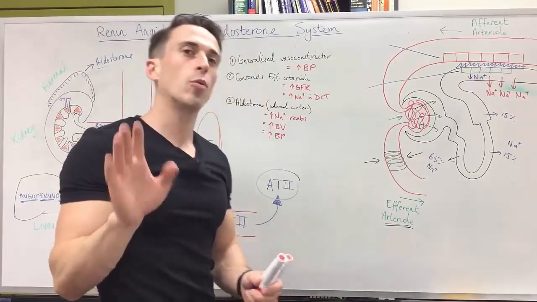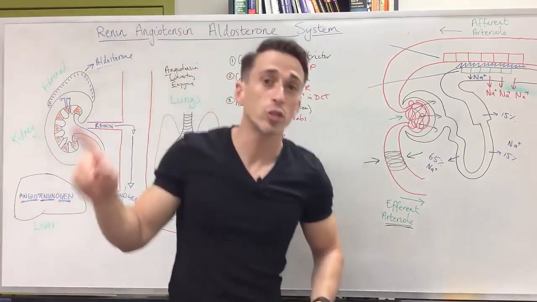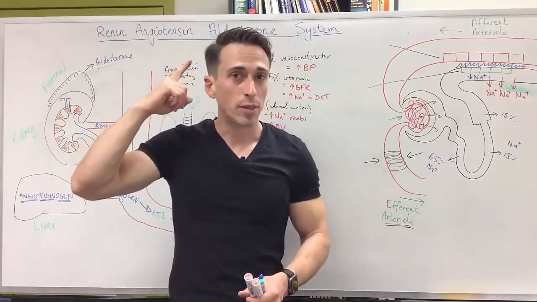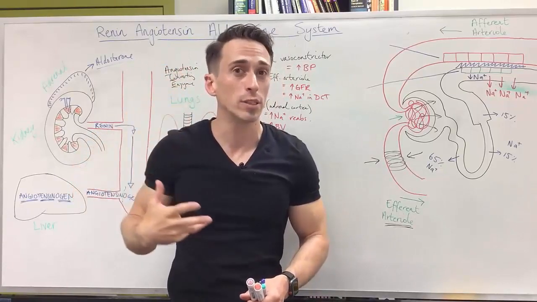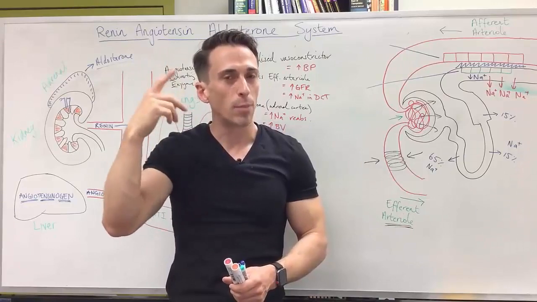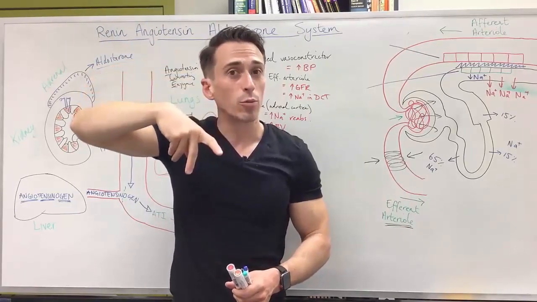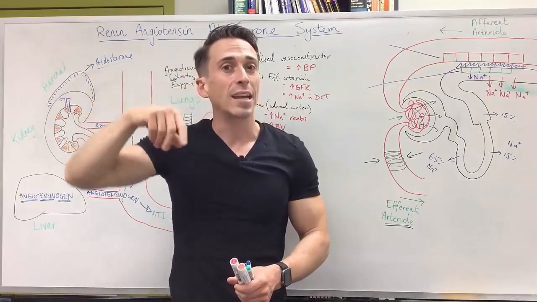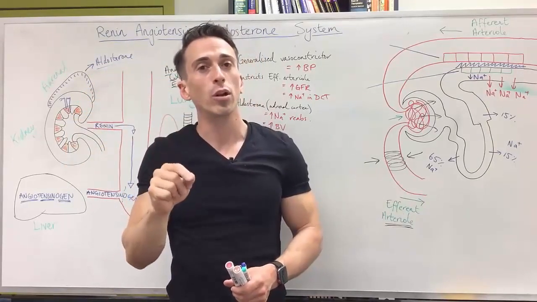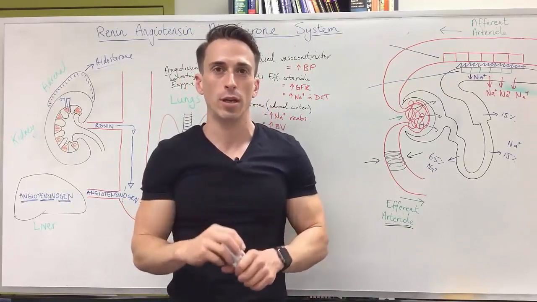What's the last thing that I want you to know that angiotensin 2 does? Well, it travels to the hypothalamus. Now, the hypothalamus is the master regulator of the endocrine system, right? And what that means is that endocrine system, hypothalamus, 2 pituitary glands, anterior, posterior. The posterior pituitary gland has ADH, antidiuretic hormone, diuresis, to urinate, antidiuresis, to stop urinating.